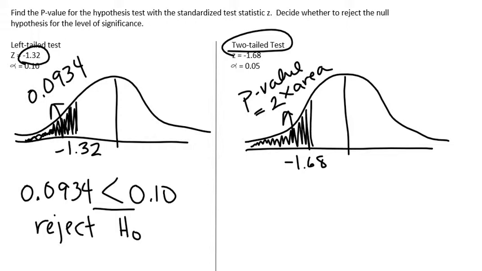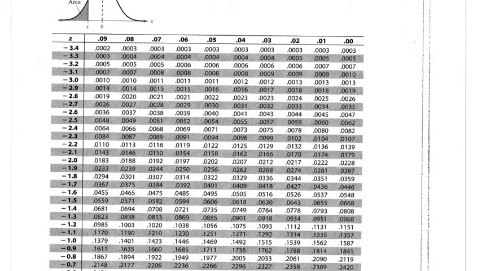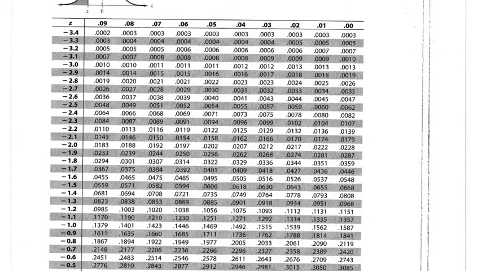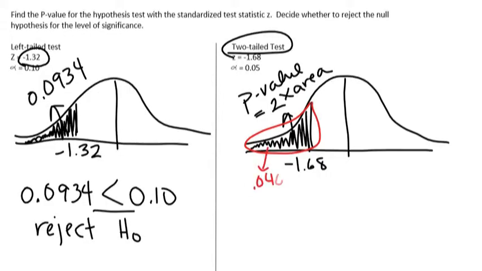Now let's go to our table to find the area under the curve to the left of negative 1.68. Here's my curve again. I'm looking for negative 1.68. So we have 0.0465. So this area is 0.0465.